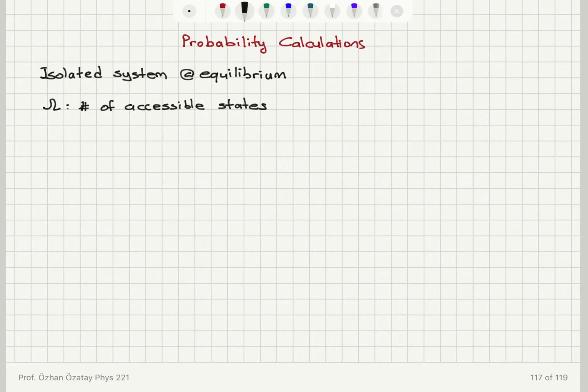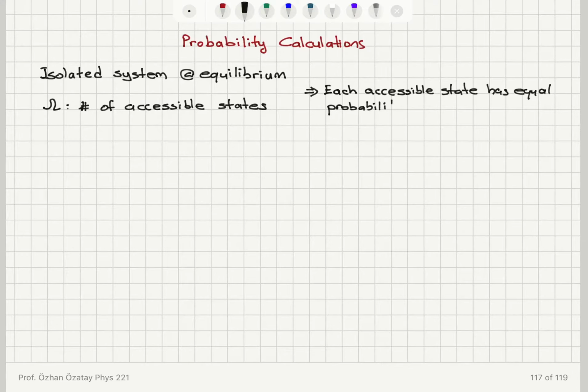And because I have equilibrium, due to our postulate of equal a priori probabilities, the probability of each accessible state is the same. So each accessible state has equal probability.